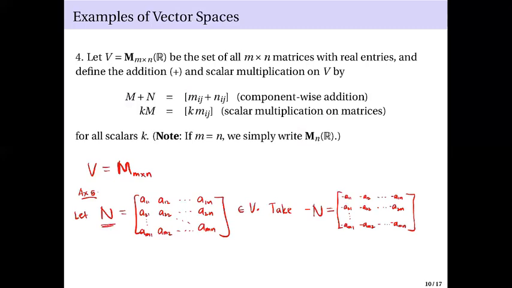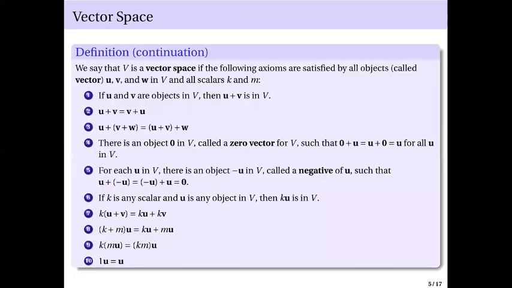Once you have a candidate, you verify the property. If you add them, you must get the zero object.